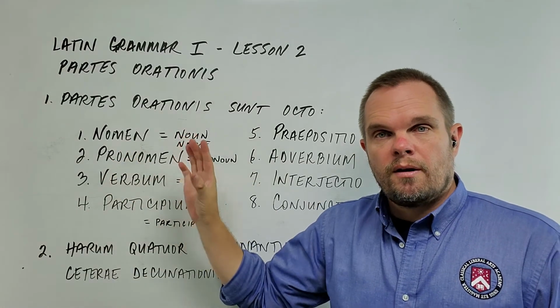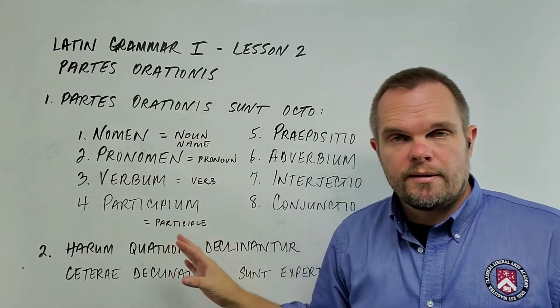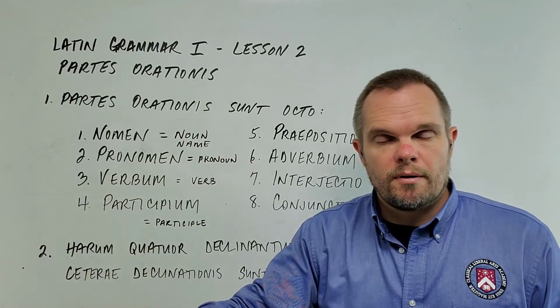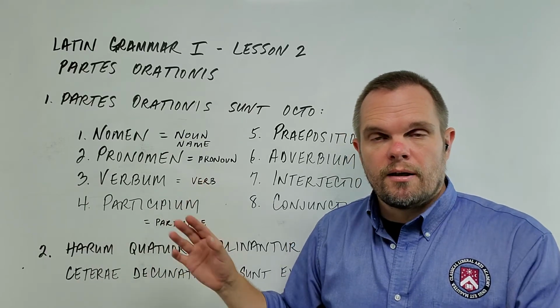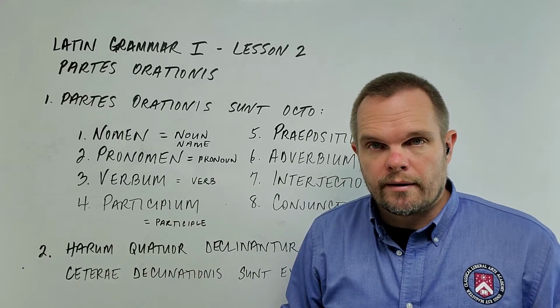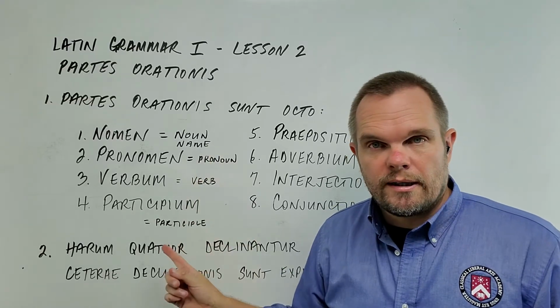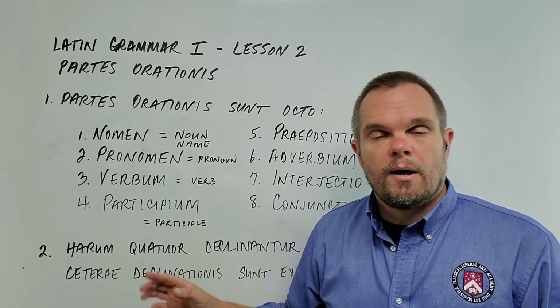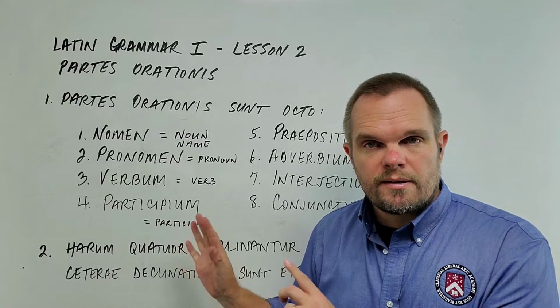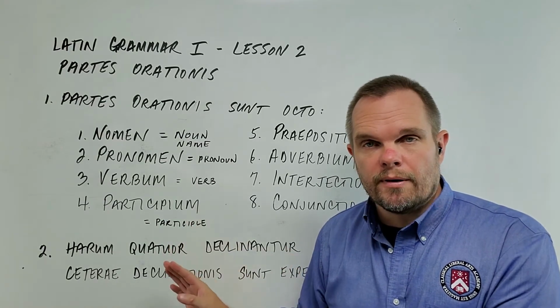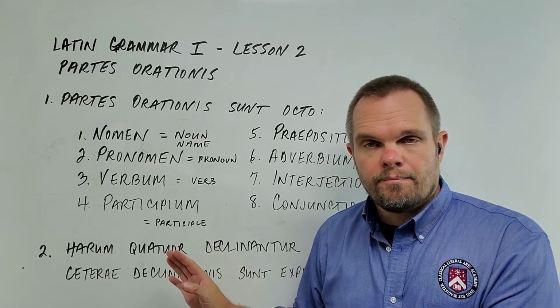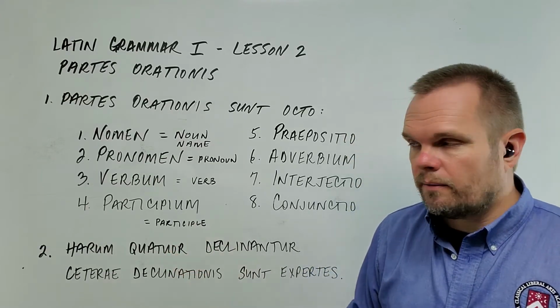Okay, so you may be familiar with these ideas from English grammar, but I want you to use that to understand, but I also want you to ignore that, because as we get into classical grammar, I want you to let these lessons tell you what these words mean, because we're studying Latin grammar now, and it's not the same as English grammar, okay?